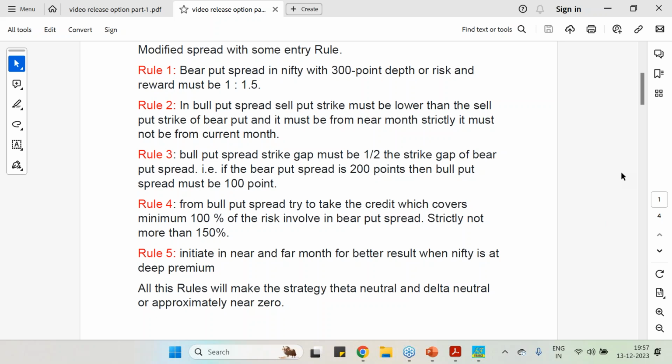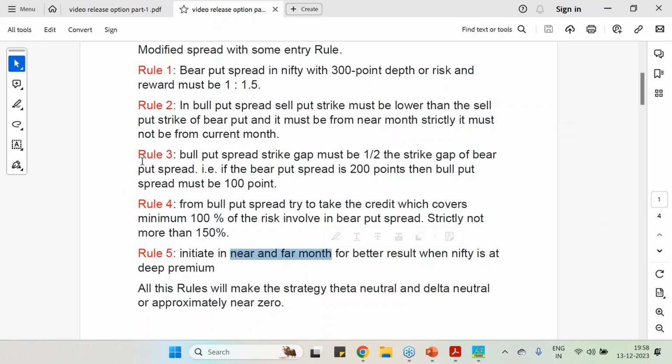Do not take it in the current month. Now Nifty is at a 200 point premium, 300 point premium. At that time you can take this fifth rule also. It is a very applicable rule. Simple implementation with proper rule, proper vision, proper acceptance.